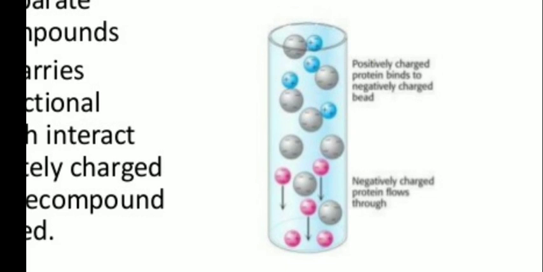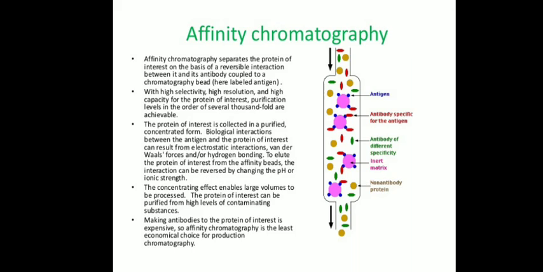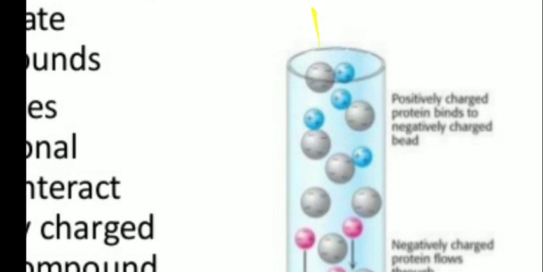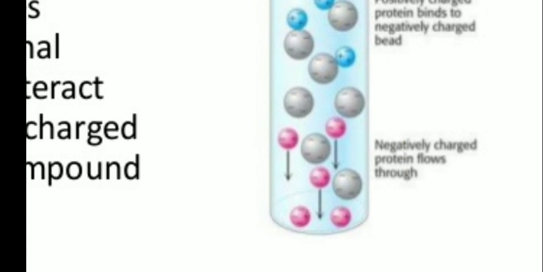Here you can see the blue colored positively charged proteins have got attached to the gray colored negatively charged beads, and the remaining impurities or substances present in the mixture have flowed away to the bottom of the column.